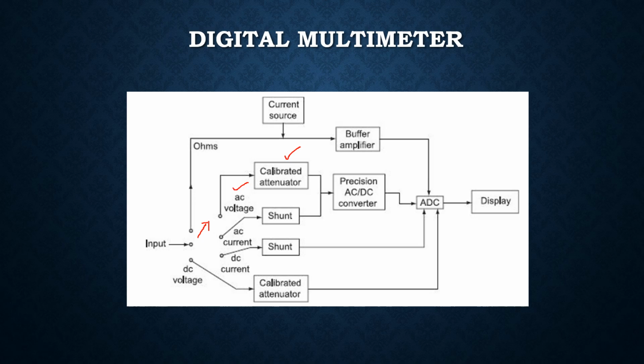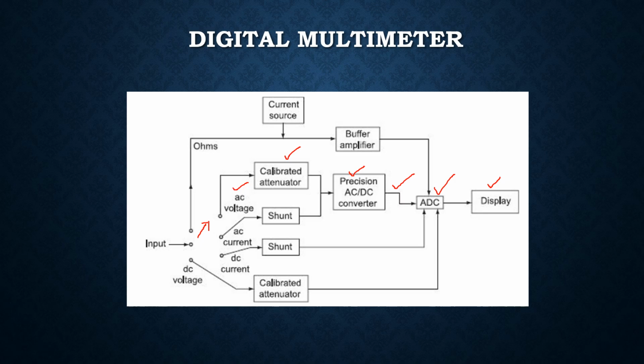Then we have a precision AC to DC converter. In this converter we are converting the AC quantity into DC, and the resulting DC is fed to the analog to digital converter, and finally we have the digital display, and we can see the output in the display part.